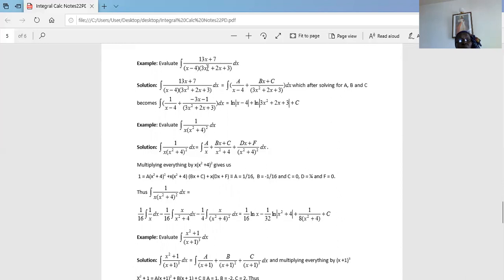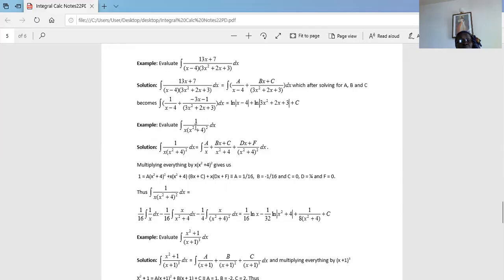But for 3x squared plus 2x plus 3, we expect the numerator to have a power that is less than 2 by 1, so we have bx plus c. The power of the numerator should be 1 less. Then from there, you solve for a, b, and c, and integrate to find that.